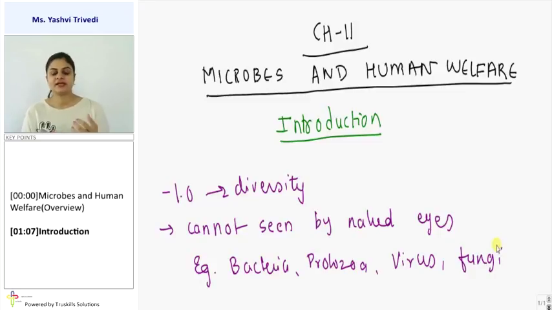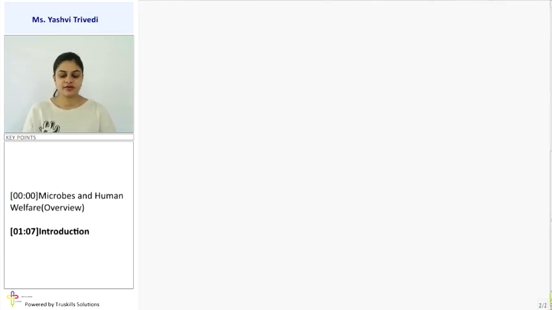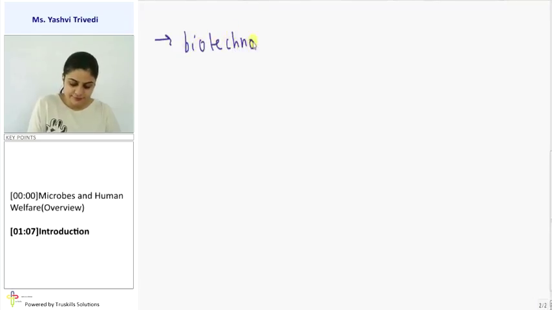So in this way, as organisms show their diversity, there has been great use of these microorganisms for human welfare, and this is particularly done by the study and the modern concepts of biotechnology and genetic engineering.